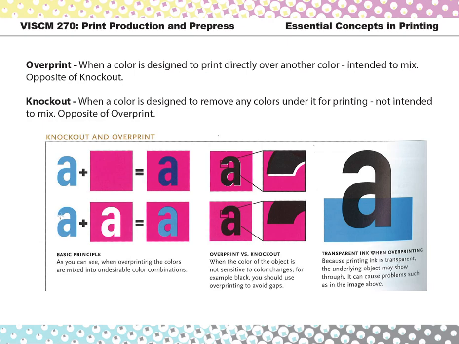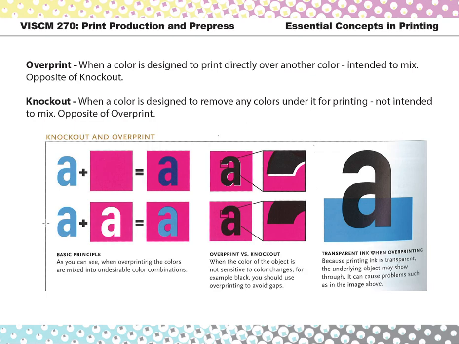Whereas if you have the A set to knockout, so the A is on top of the magenta square, it'll knock out any color below it so that the cyan A stays a pure cyan and appears to have a magenta background. That's a pretty simple concept, and you don't have to think about it too often because the default in InDesign and Illustrator is for objects to knock each other out.